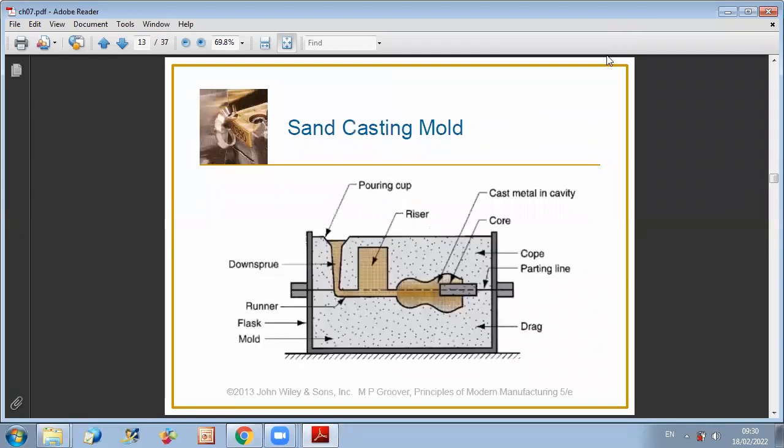For example, let's say you want to produce a sphere with a hole. Then you should put within your system, for example, let's say you want to have a slot, a core, and you should fix it to your mold.